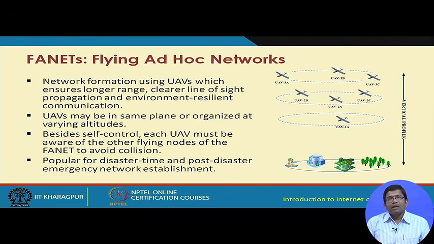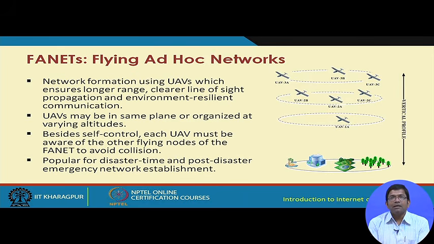So essentially what we are talking about is something like a flying network. Ad hoc networks on the ground, we know how they work. There is no centralized coordinator, there is no network manager. The nodes come together, they self organize, self configure, and then they start working.